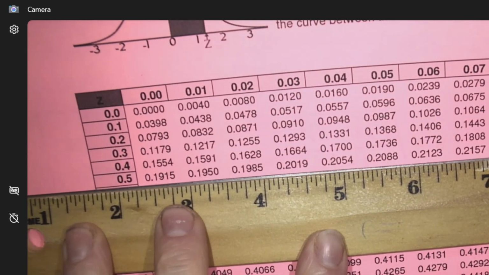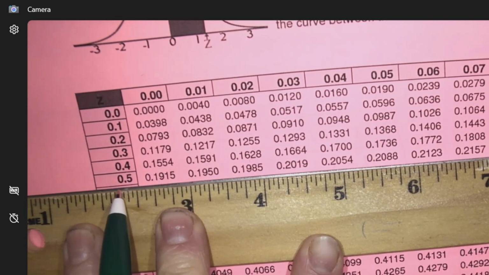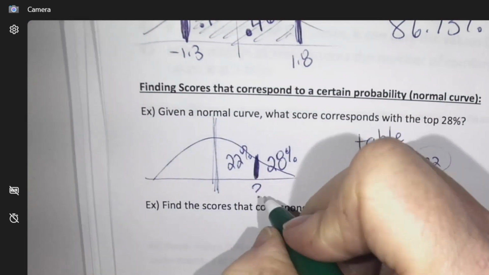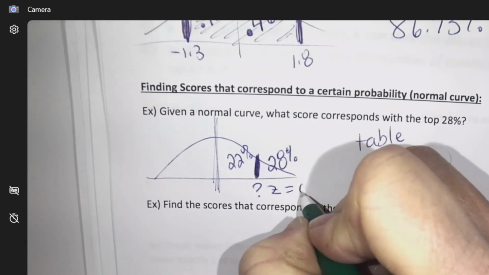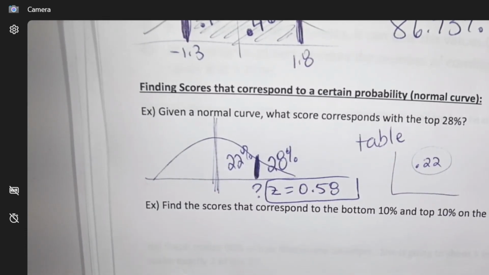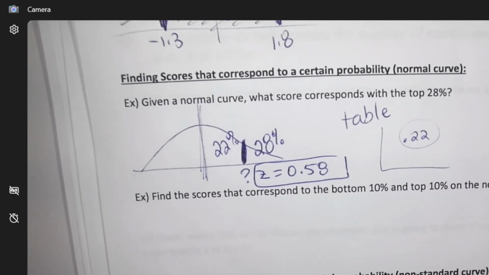So what's the z-score? 0.58. So that's the z-score that I found. So guess what this is?